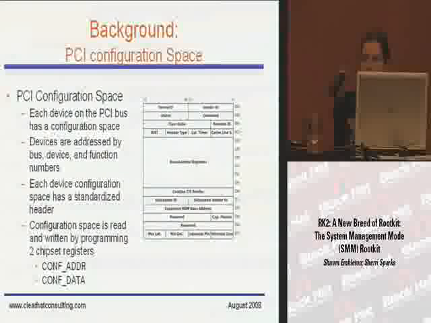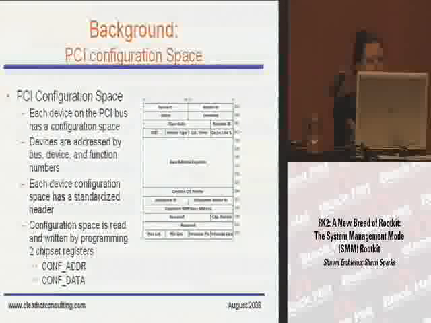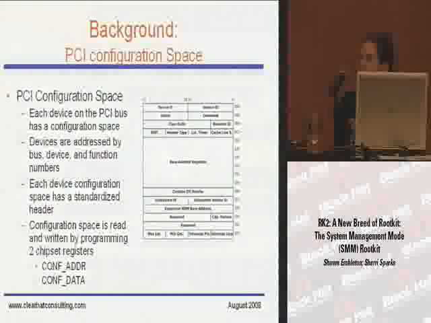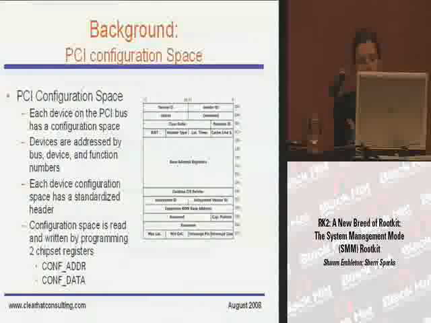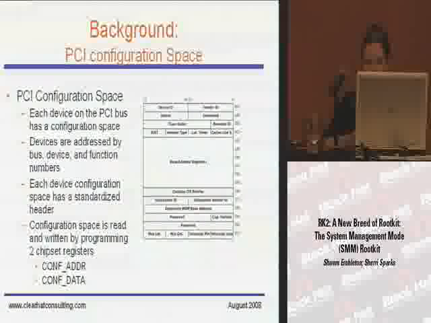They're addressed by a triplet, which is a bus, device, and a function number. Each device in the PCI configuration space has a header, which you can see the layout of a standard header over on the right. We can also read and write configuration space by programming two chipset registers, the configuration address register and the configuration data register.